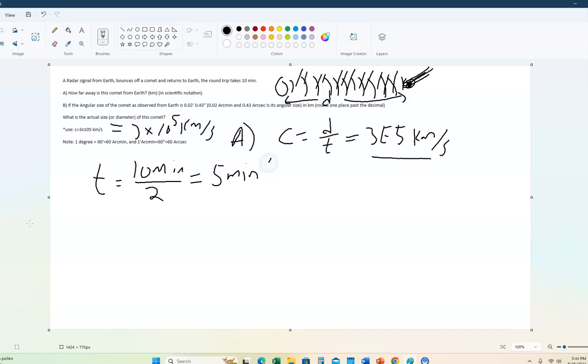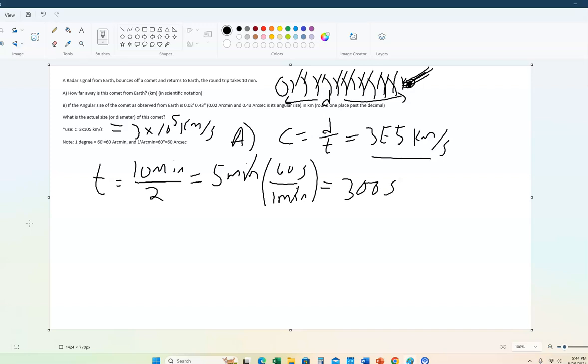So let's figure this out in seconds, because we have the speed of light in kilometers per second. In 1 minute there are 60 seconds, so the minutes cancel, and 5 times 60 gives us 300 seconds.